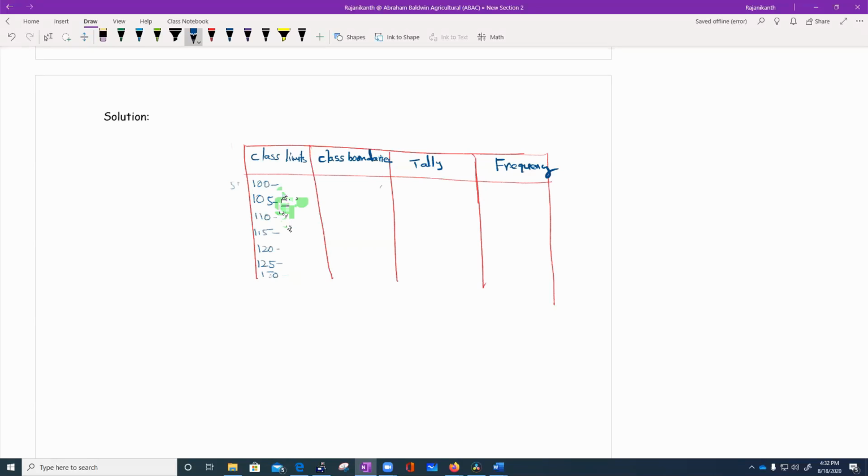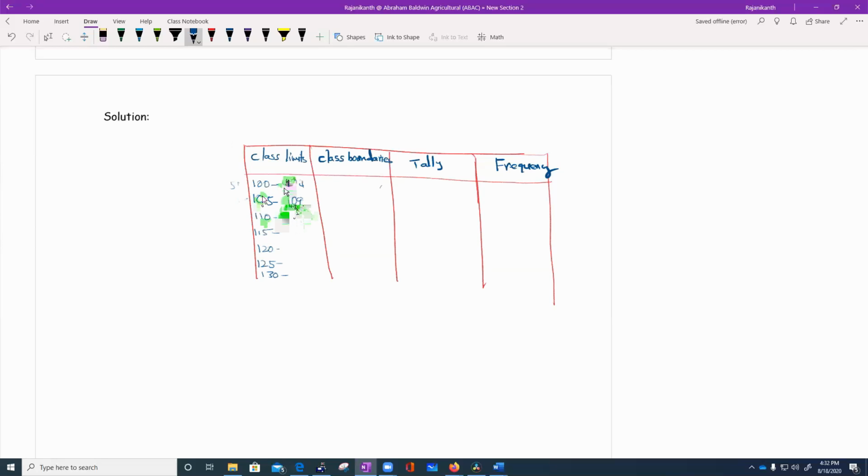It's very simple. Just subtract 1 from the next lower class limit. Subtract only 1. Subtract 1 from 105 to get the previous upper class limit. 105 subtract 1 is 104. To get the second upper limit, subtract 1 from the third lower limit, 110 subtract 1, which is 109.